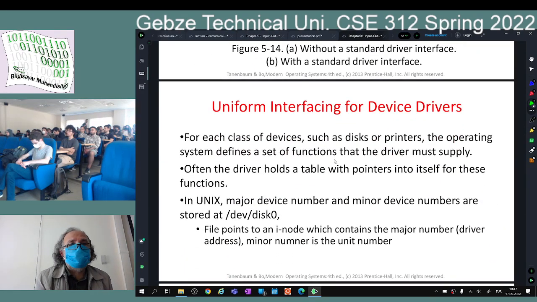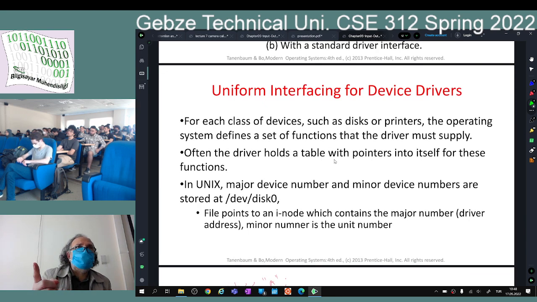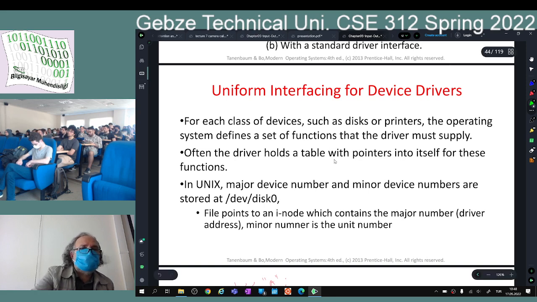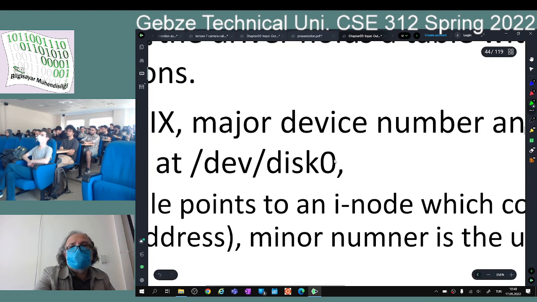Uniform interfacing for the device drivers again. As I said before, for different devices, the operating system says that you are going to give me these functions as function pointers, and I will take them and call them whenever it is needed, and they are held as a table of pointers. In Unix we are doing exactly the same thing. There is a dev directory.